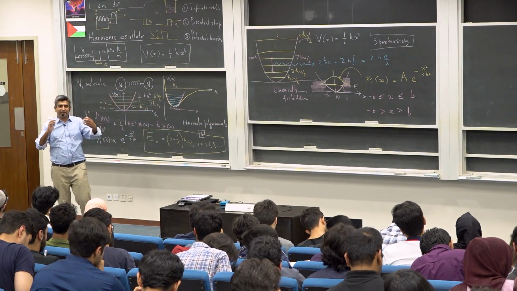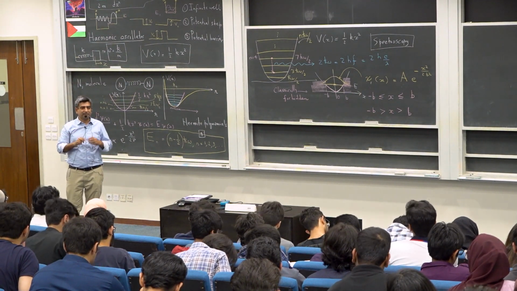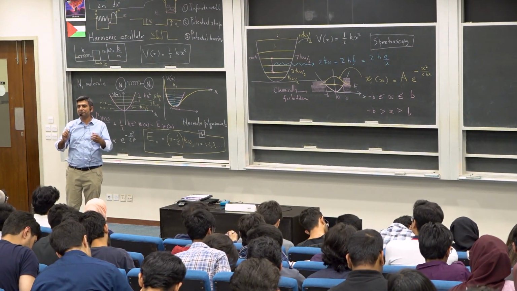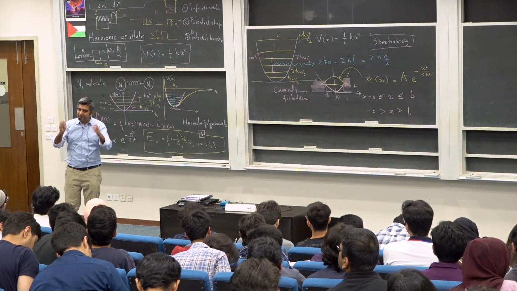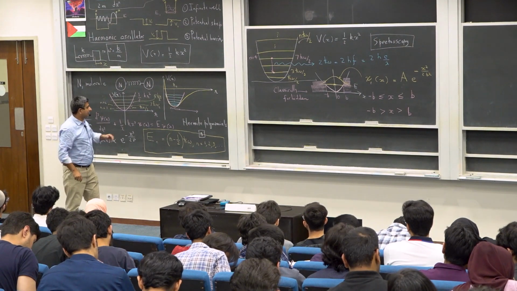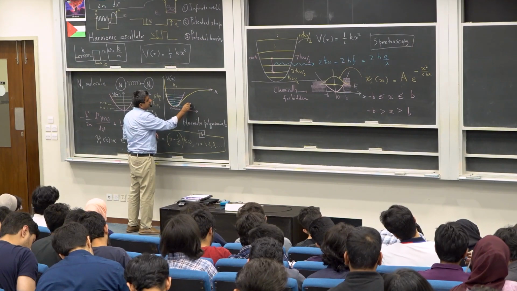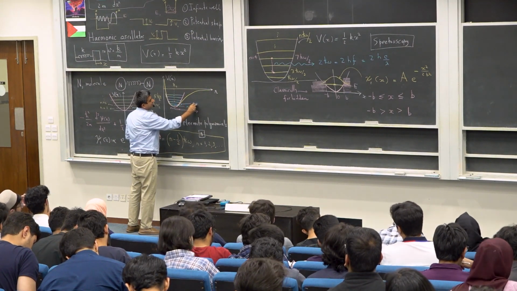So the vibrational degree of freedom of this molecule is also quantized. The vibrational energy of this molecule is quantized. Every molecule will have vibrational quantum levels, and you can assign numbers to them. This is the n equals 1 vibrational level. This is the n equals 2 vibrational level.